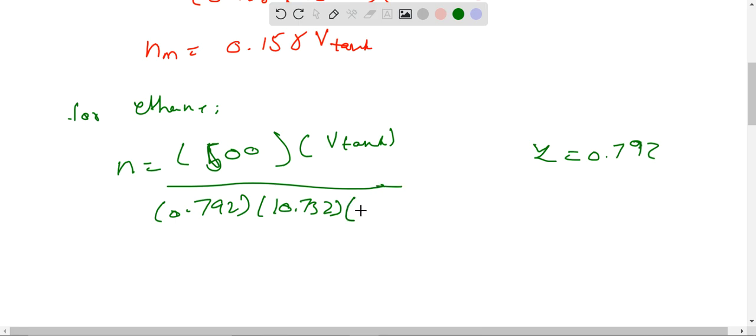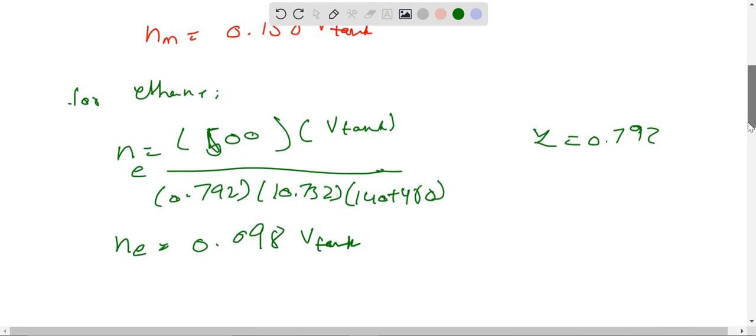To convert temperature from Fahrenheit, we will add 460. So n for ethane is equal to 0.098 V tank.